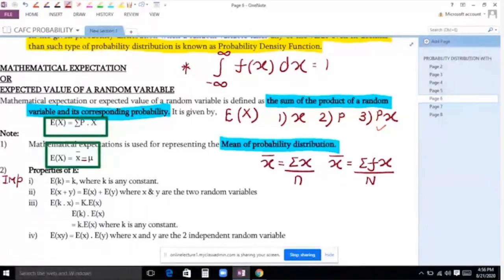The first property states that E of k is equal to k, where k is a constant.